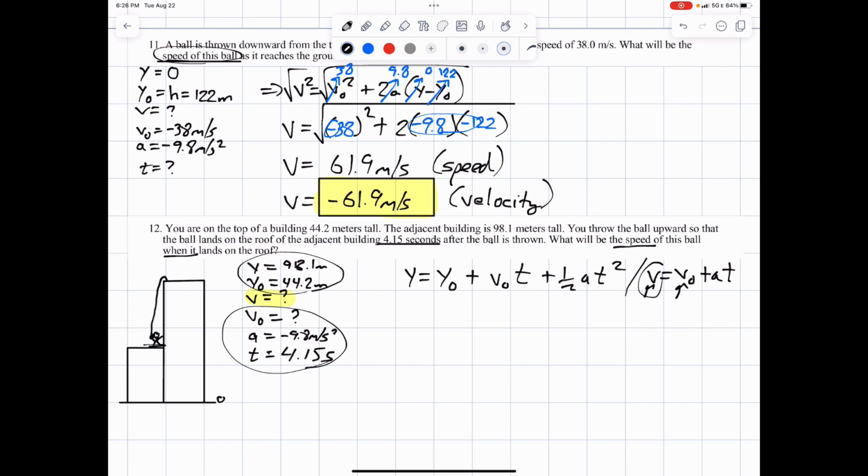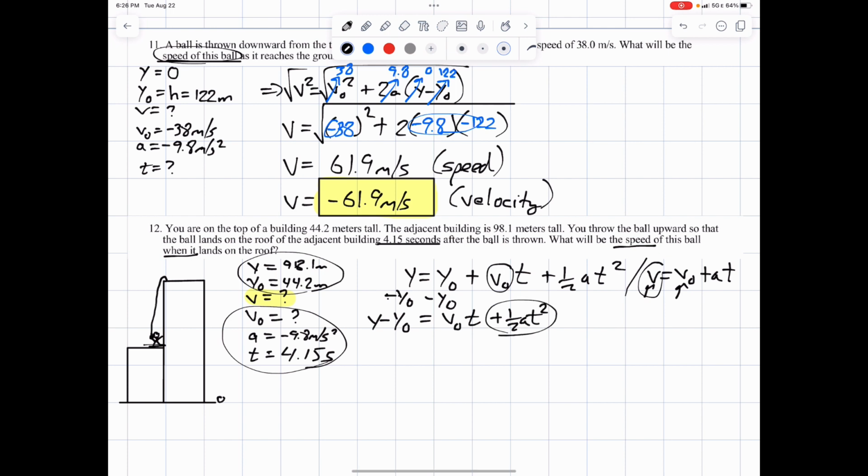So let's try it. Let's isolate this for v naught. I would have to subtract y naught from both sides, and I get y minus y naught equals v naught t plus 1/2 at squared.